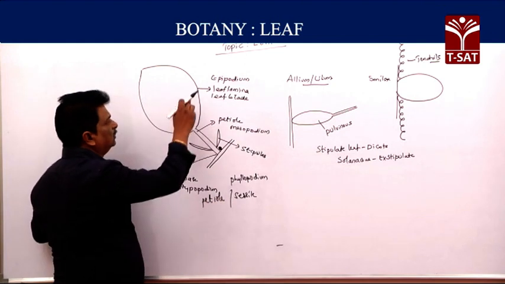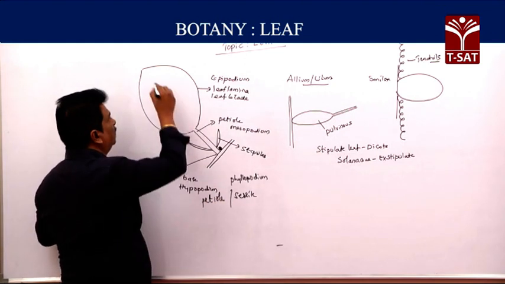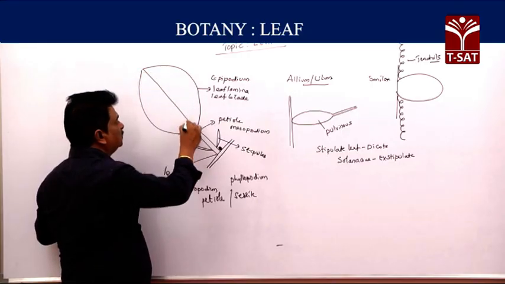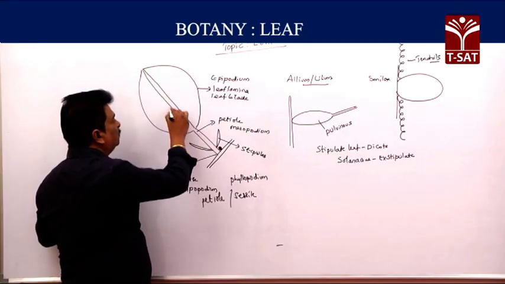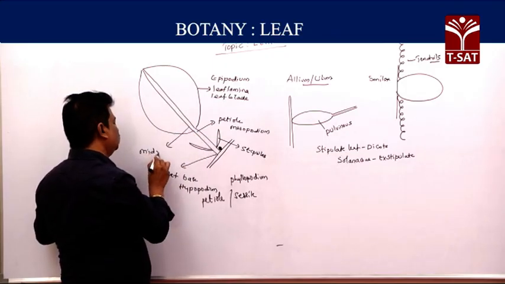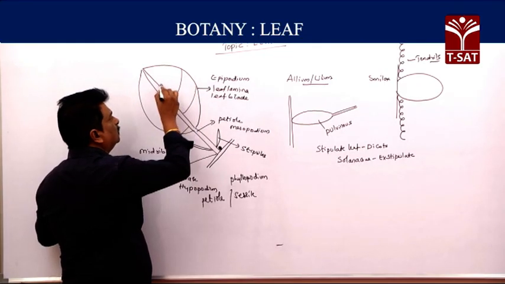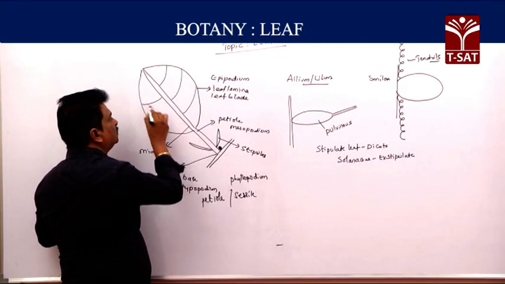And last one, leaf lamina. It is the green expanded part of the leaf, and the central part of the lamina bears the main vein. This main vein is called midrib. Then this midrib gives lateral veins.